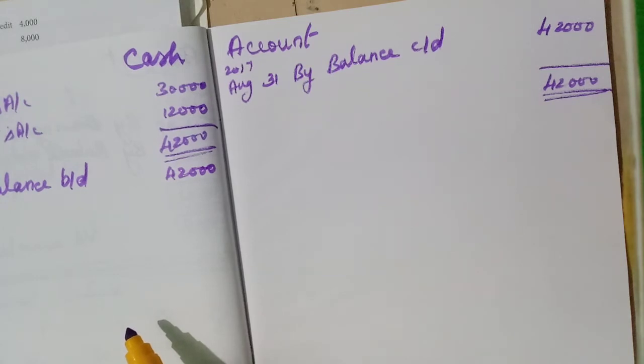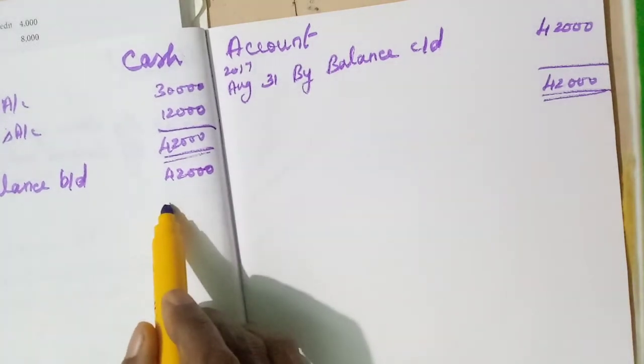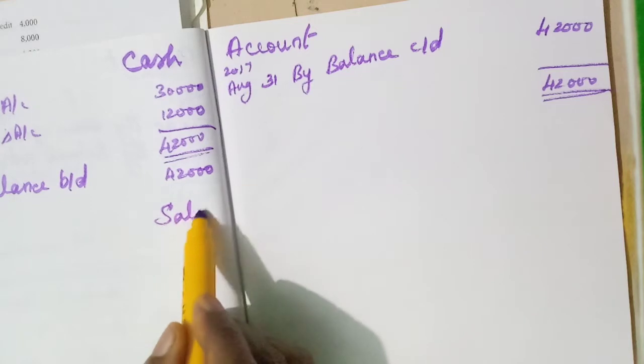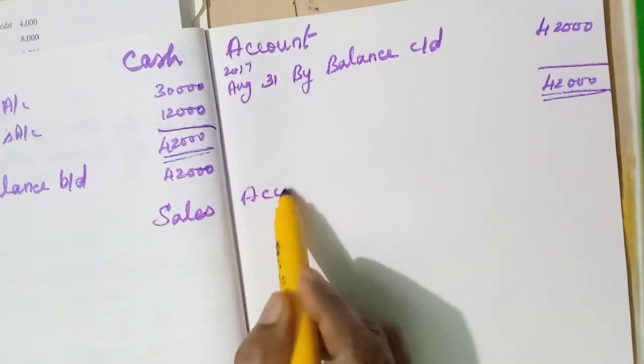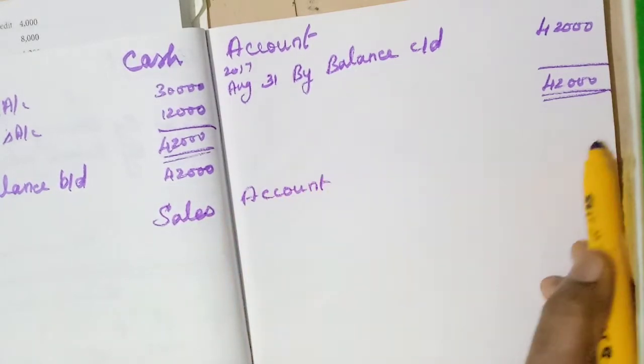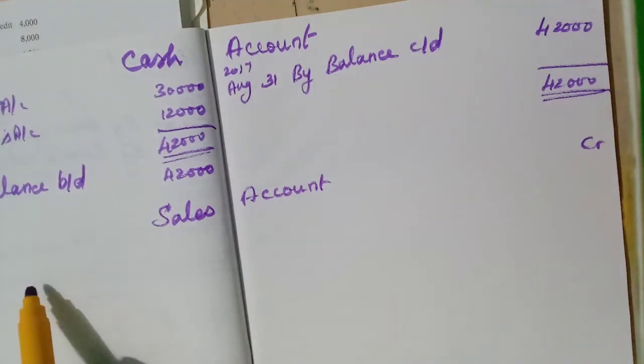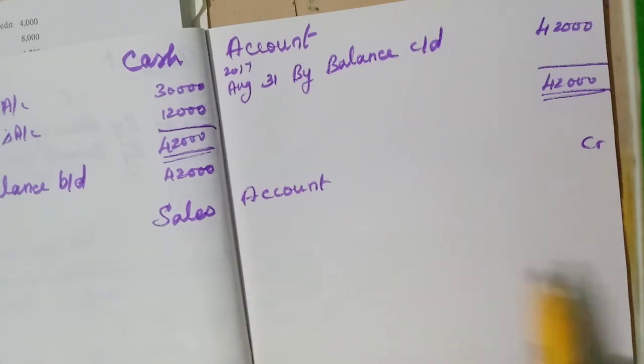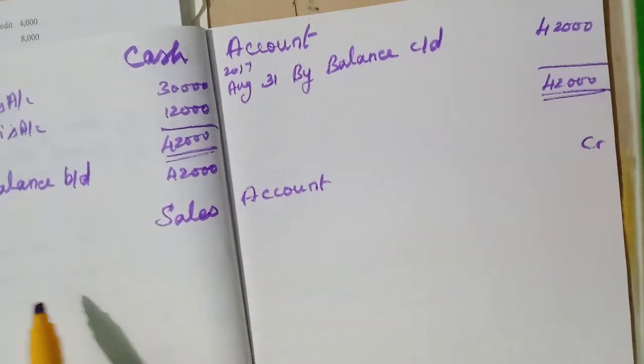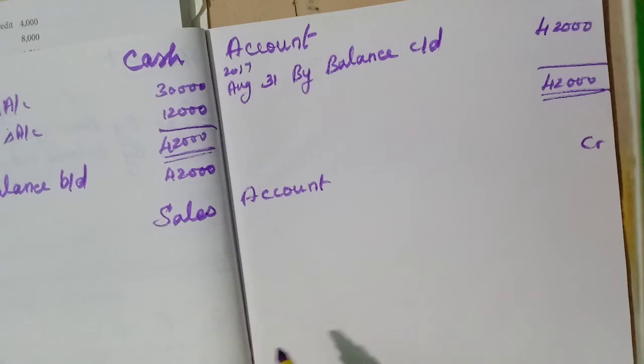Now which account have they asked? Sales account. So leave one line and prepare the sales account. The debtor and creditor we have to write. Then date, particulars, rupees, date, particulars, rupees, and JF also a small column. Now sales account, first one credited, isn't it?